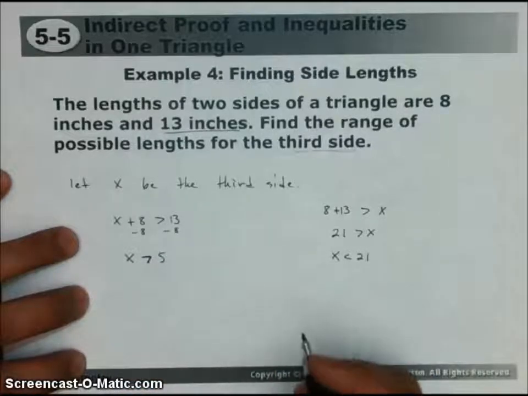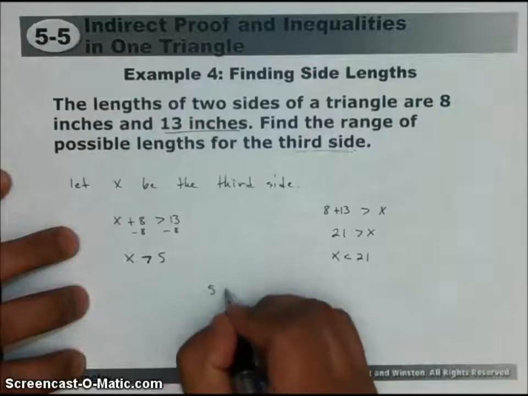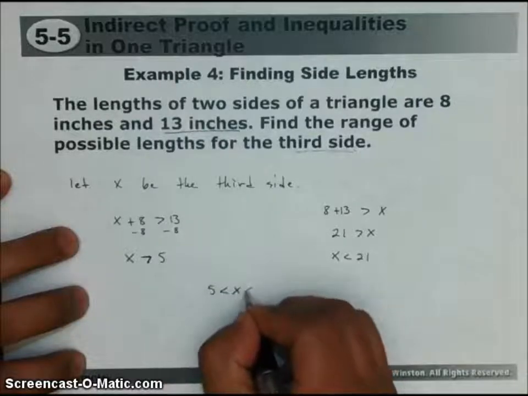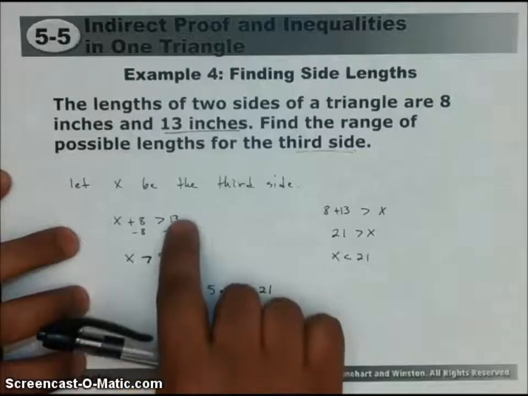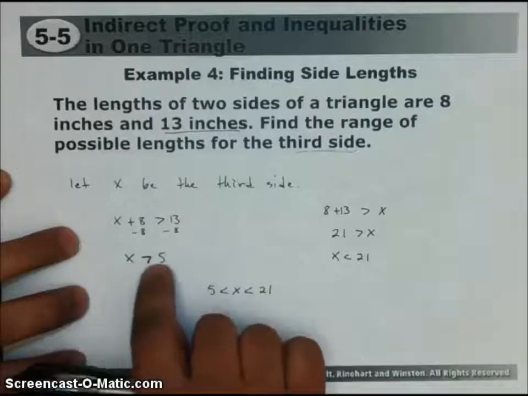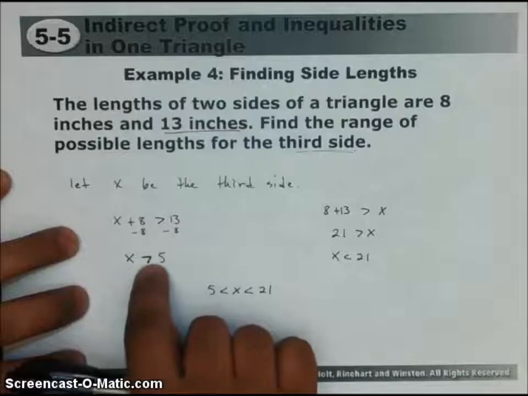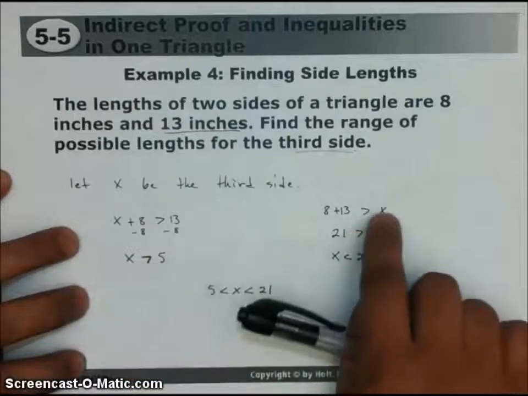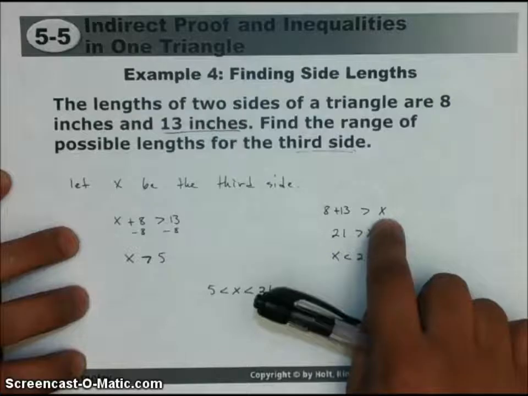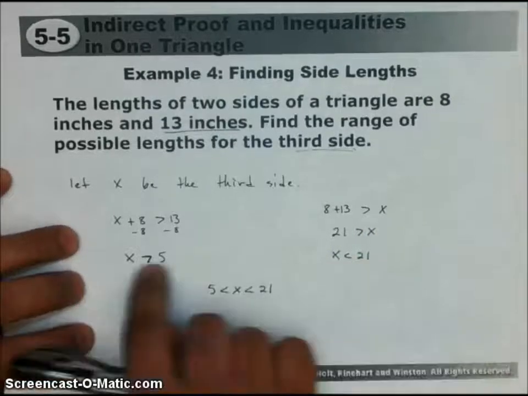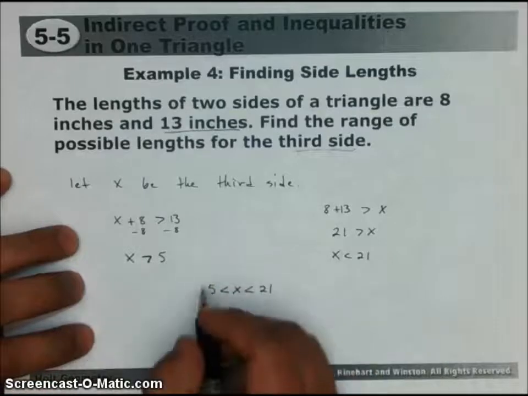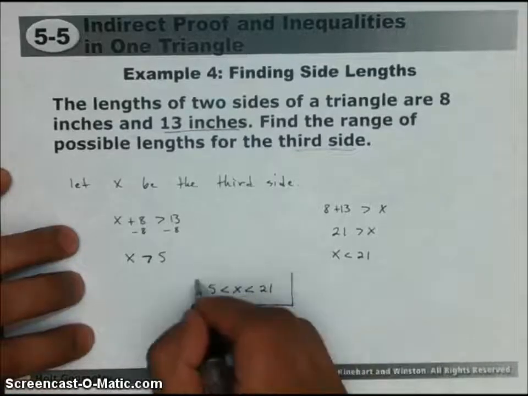This is what we call a double inequality, where we would say 5 is less than x, which is less than 21. So if 13 is my long side, then x has to be bigger than 5. But if my third side is the biggest side, then x has to be less than 21. So I have to combine these two to make a double inequality, and this is going to give me my range.